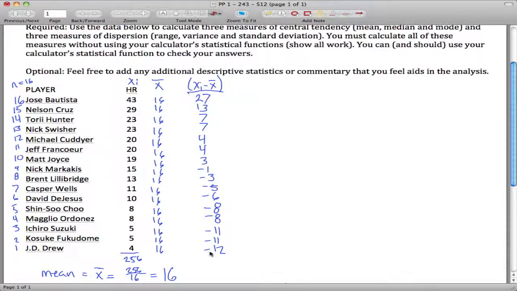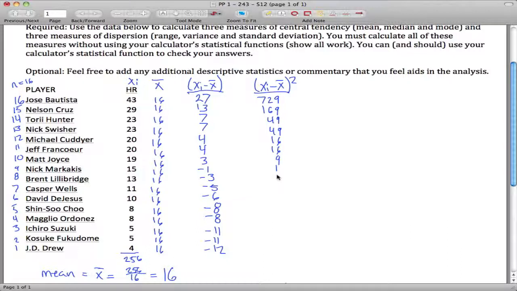So now I have a whole column that tells me how far away each of my observations is from the mean. The next column I want is (x sub i minus x bar) squared. In other words, I want this column, but with all of the numbers squared. 27 squared is 729. 13 squared is 169. 7 squared is 49. 4 squared is 16. 3 squared is 9.